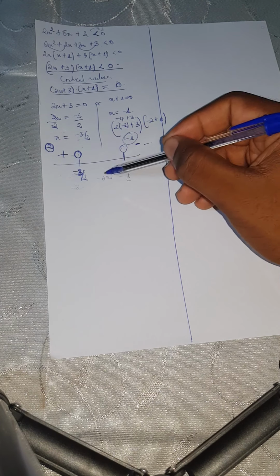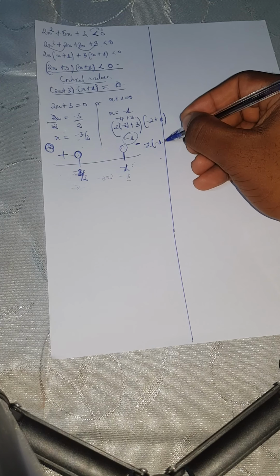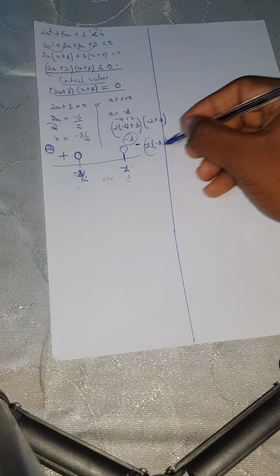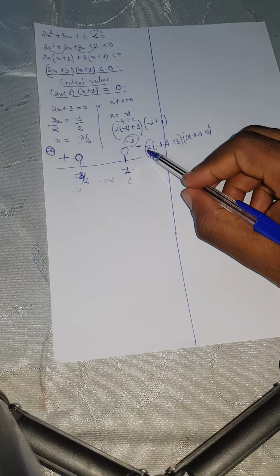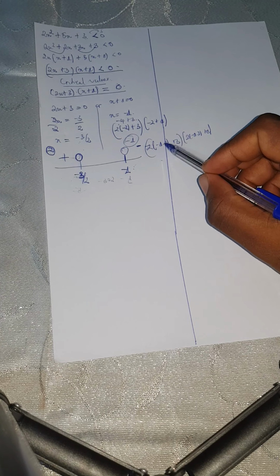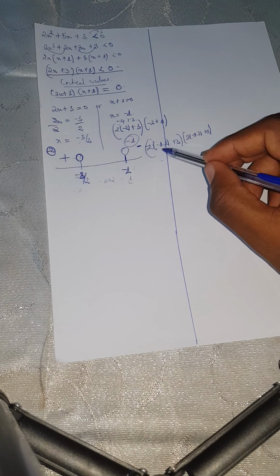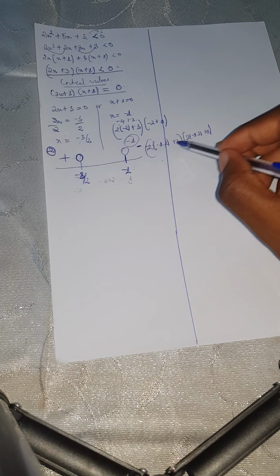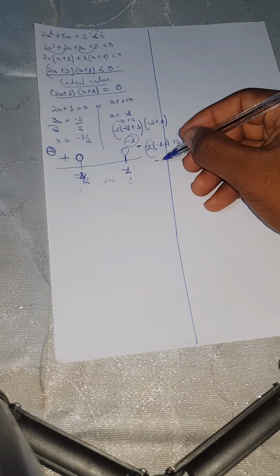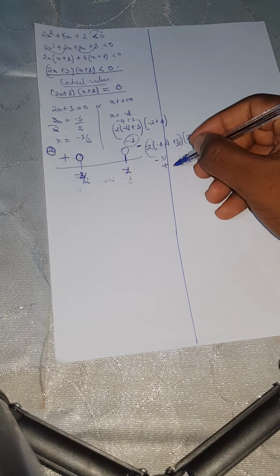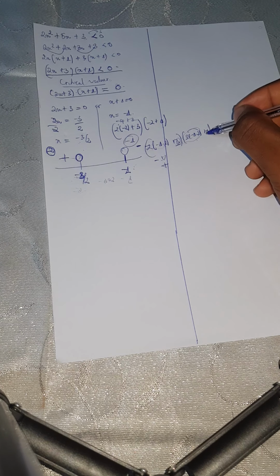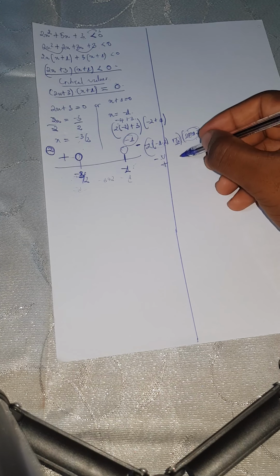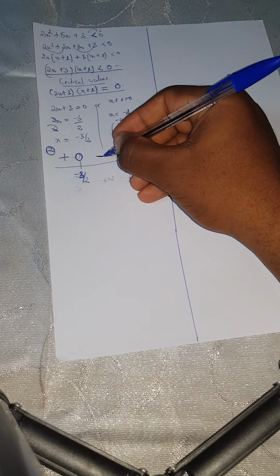So I can place it here and test: 2 times negative 1.2 plus 3, all times 2 times negative 1.2 plus 1. 2 times negative 1.2 plus 3, we see that the magnitude of the negative part will always be less than 3, so this will be positive. 2 times negative 1.2 plus 1, the value of the 1 is less than the magnitude of the negative part, so I will maintain the sign, it's negative. Positive times negative gives negative on this side.